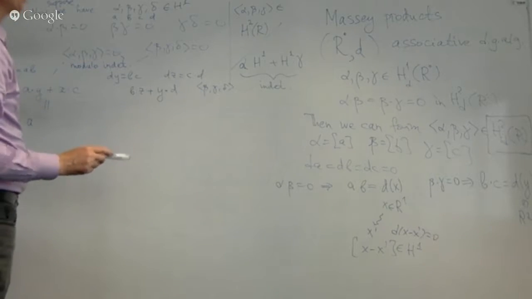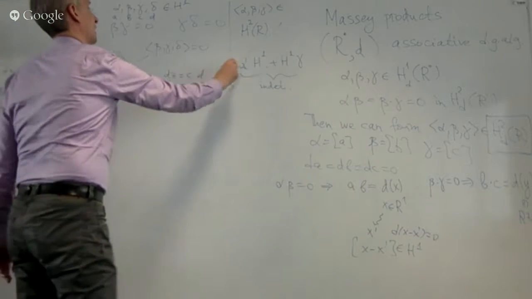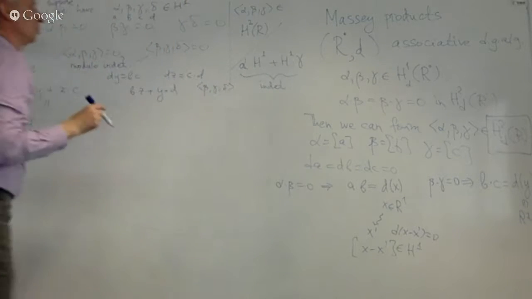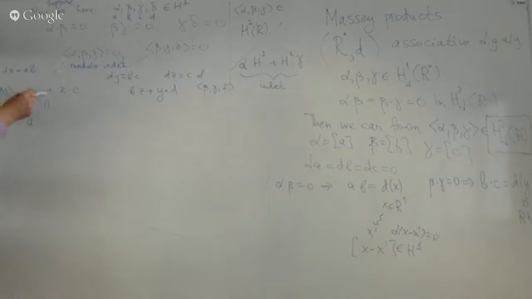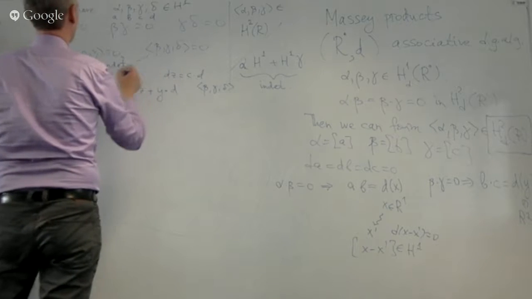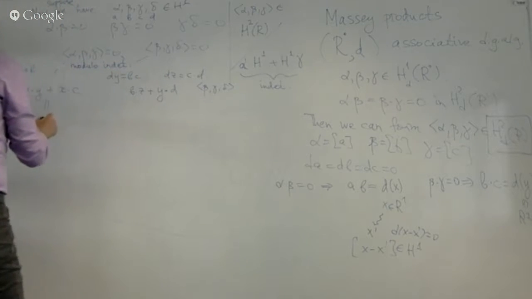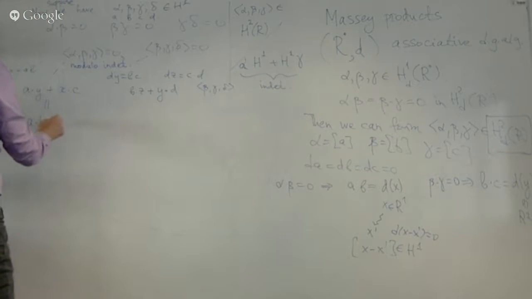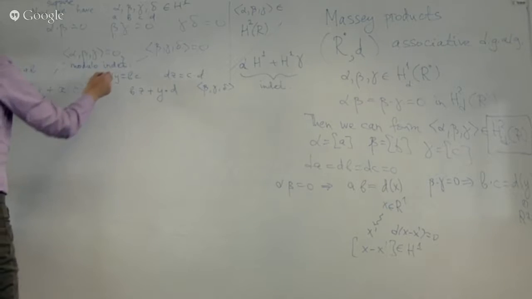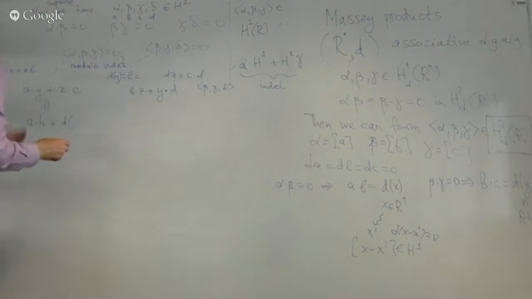So it lies in this class, equal to A times H1 plus differential of something, plus d of k.